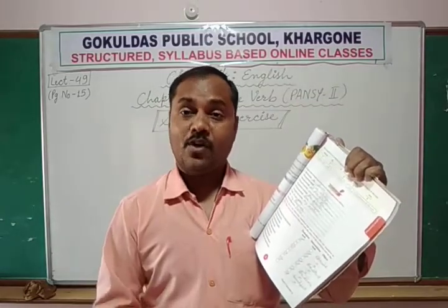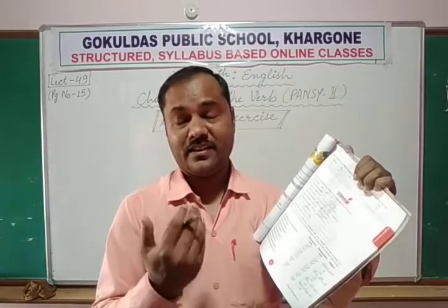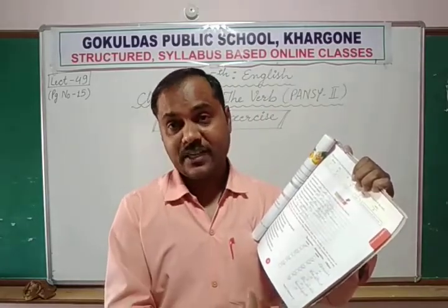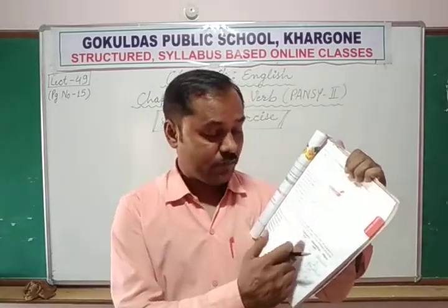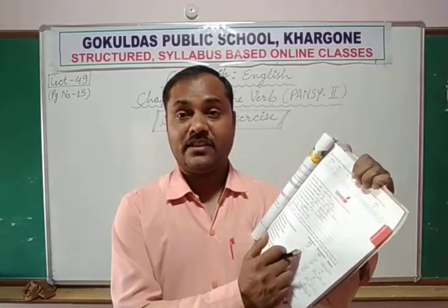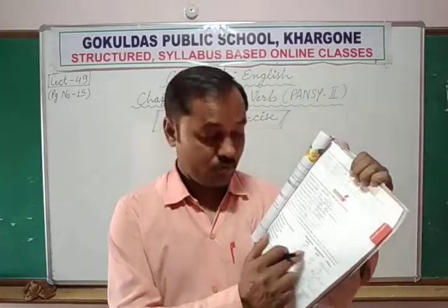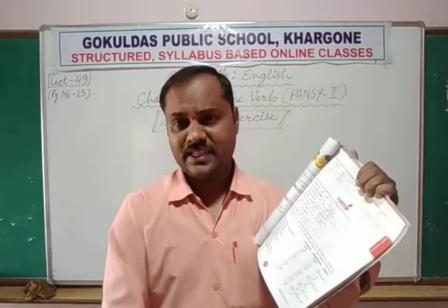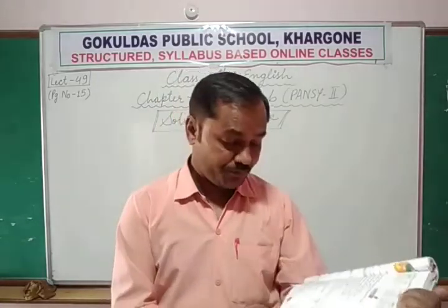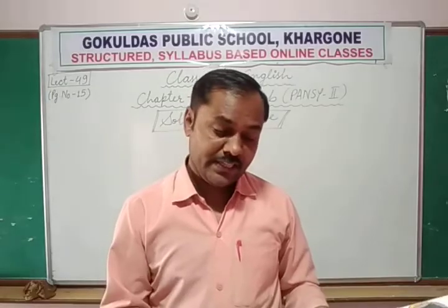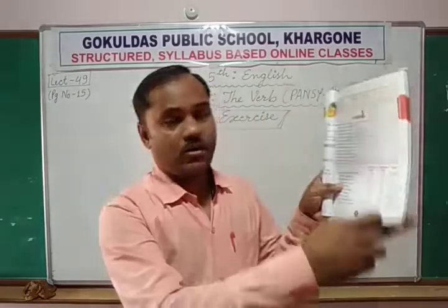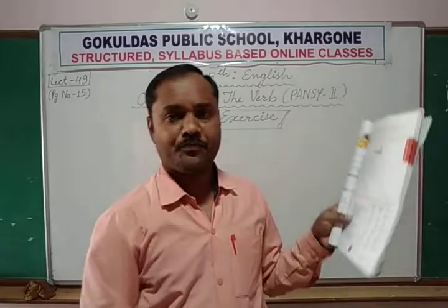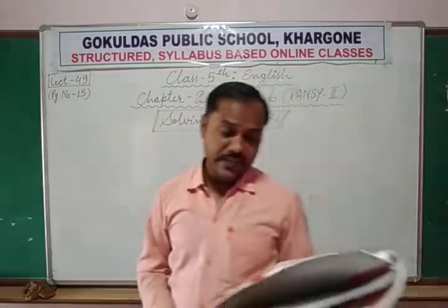Okay, so after the verb, if there is any object, then only it is called a transitive verb. And if it is a transitive verb, we need to write down here what is the object in this sentence. Okay, and if it is intransitive, we can cross here in these lines. So let's start.